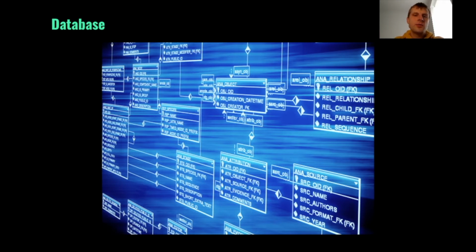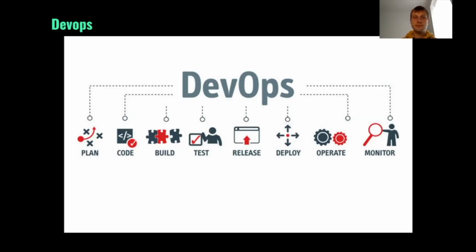And when you have million or even billion rows in your tables, it becomes harder and harder to accomplish that, especially when your database is distributed over multiple servers in multiple continents. So this becomes a real issue. So database and understanding how databases work is an entire field of programming. There's also DevOps.